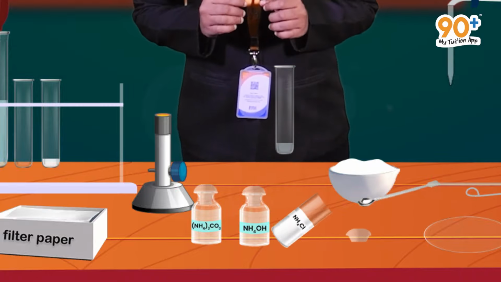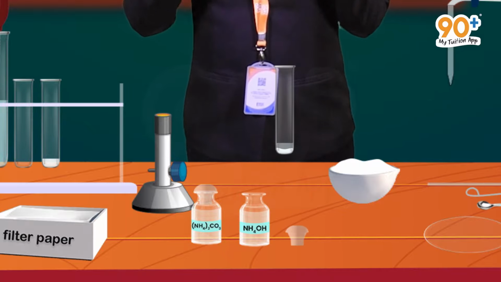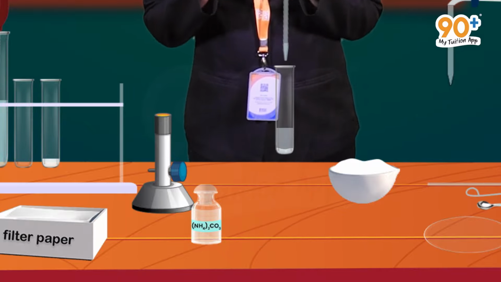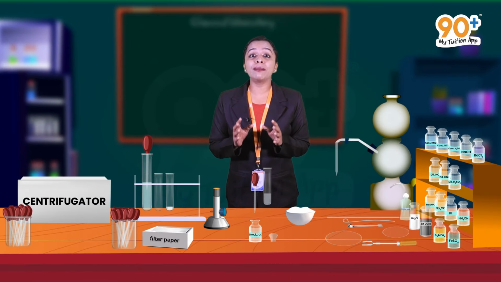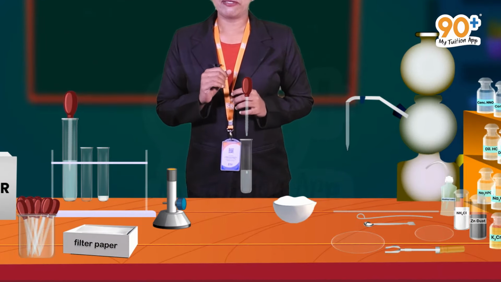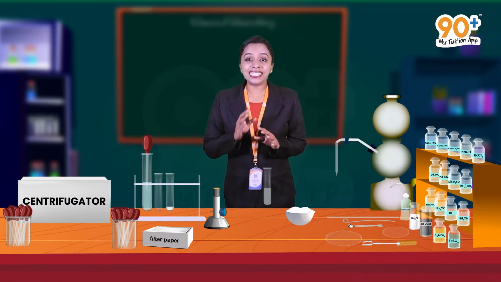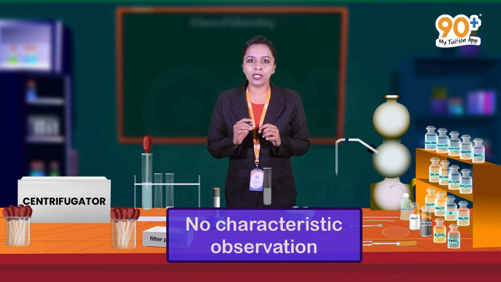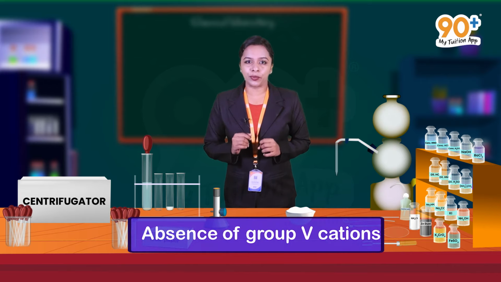To this solution, add ammonium chloride and then add an excess amount of ammonium hydroxide solution and then add a few drops of ammonium carbonate solution. Well, can you find any changes here? No, it means there is no characteristic observation and it shows the absence of group 5 cations.